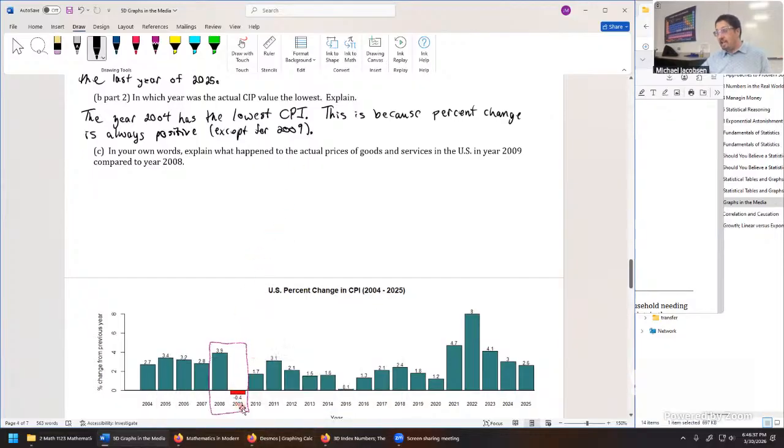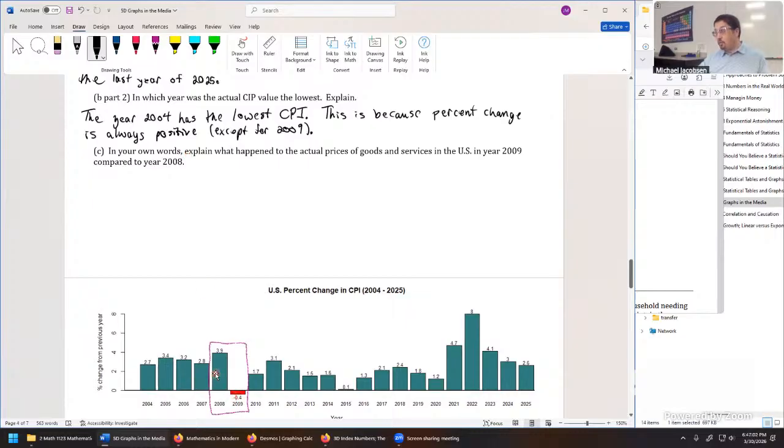This one is not as tricky as the others. Here we can say in 2009, the percent change from the previous year was negative. But then we have to say, what does that mean? If the percent change is negative, that means the CPI itself would have gone down. And that's essentially all we would need to say.